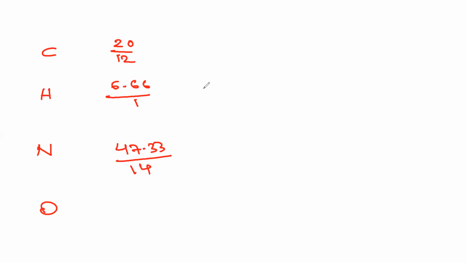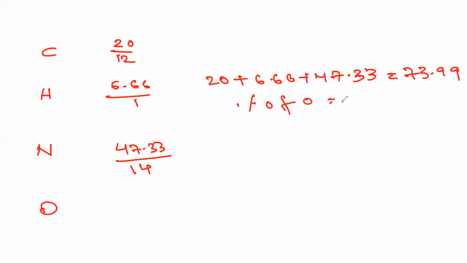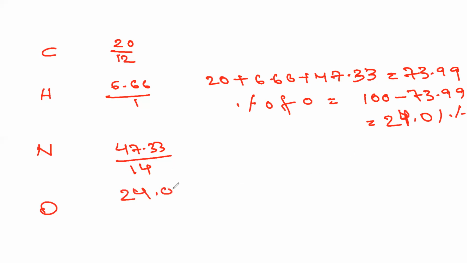To find the percentage of oxygen, 100 minus 73.99, it comes to 24.01. So the percentage of oxygen is 24.01, divided by the mass of the oxygen atom, 16.